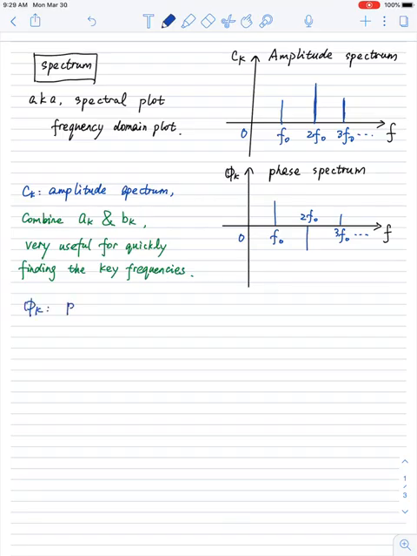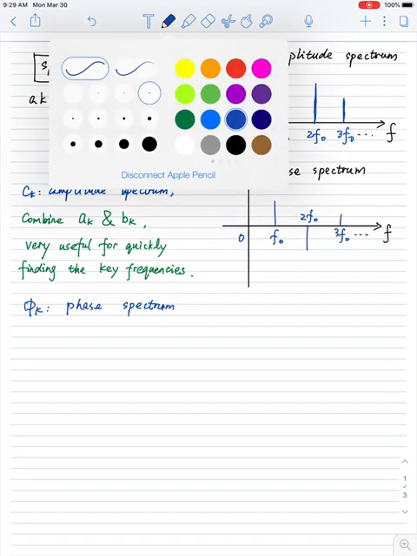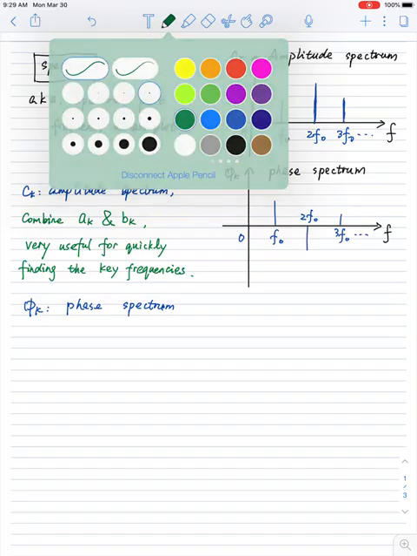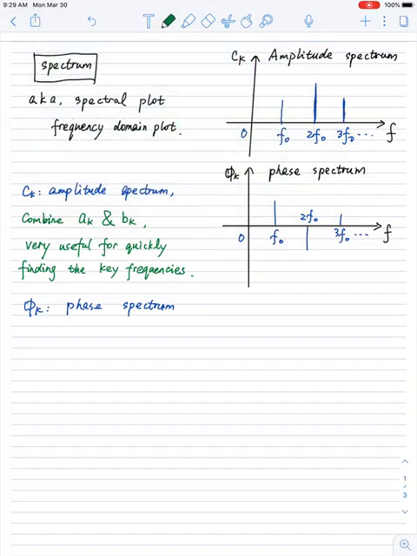And phi k as the phase spectrum, it actually provides additional phase information.